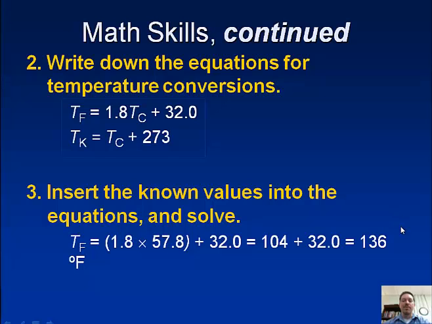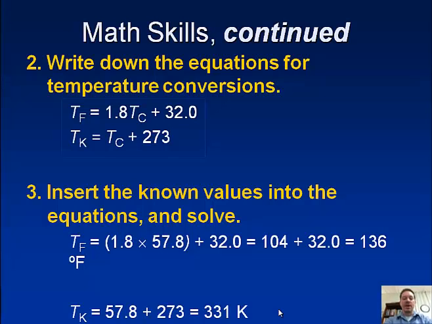Nice warm day. And then for the Kelvin temperature, 57.8 plus 273 gives us 331 Kelvin. Just a quick note, Kelvin is not actually a degree Kelvin, it's just referred to as Kelvin.